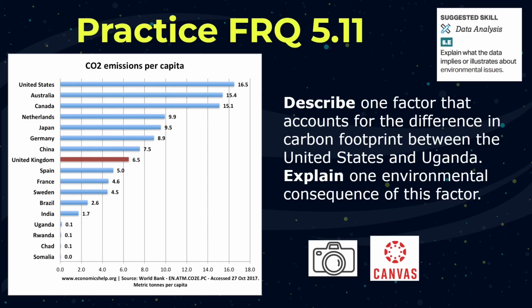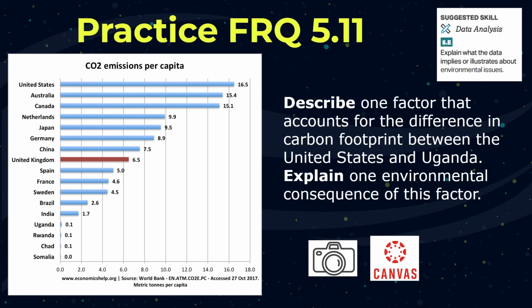Our suggested science skill for 5.11 today is to explain what data illustrate about an environmental issue. Take a look at this graph, and I want you to describe one factor that accounts for the difference in carbon footprints between the United States and Uganda.